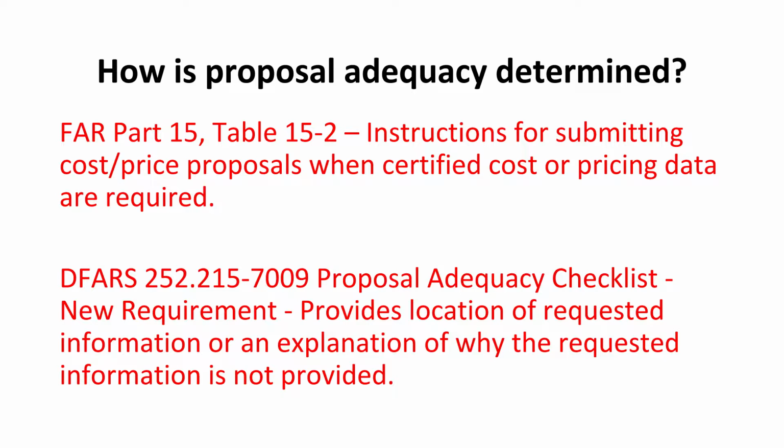FAR Part 15, Table 15.2, Tom had mentioned, gives instructions for submitting cost and price proposals when certified cost or pricing data are required. And the DFARS, one of those agency supplements, stands for Defense Federal Acquisition Regulations, 252.215-7009, provides a proposal adequacy checklist.